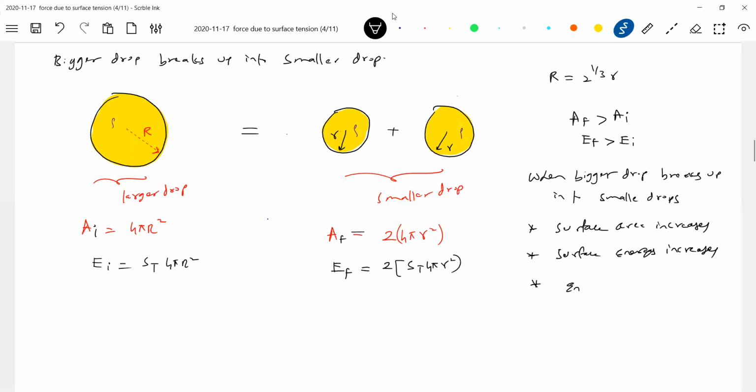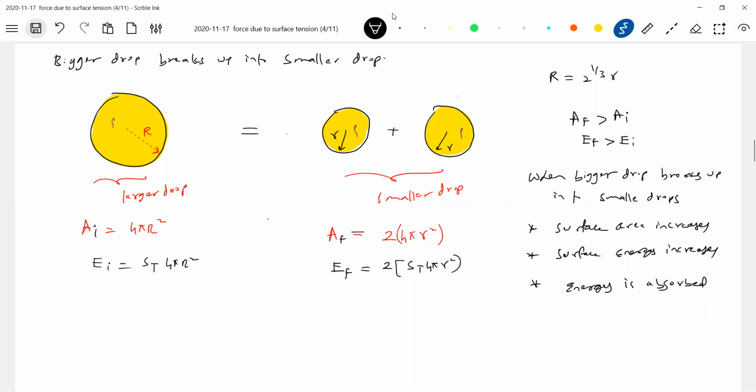Then what happens? Energy is absorbed by the system. What is the system? The liquid. So from where should that energy come? From the atmosphere. These drops will take the energy from the atmosphere. Okay, fine. So this is some basic conclusion that we should have.